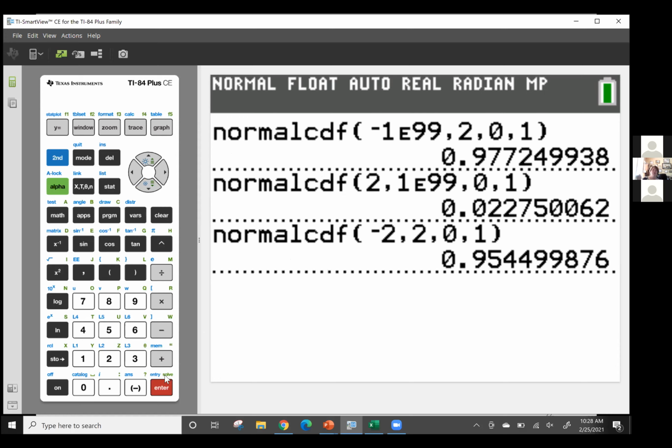Okay, so just to make you feel good about your life and that you spent money on this calculator, or you rented it, or somebody gave it to you, I'm going to show you what I had to do.